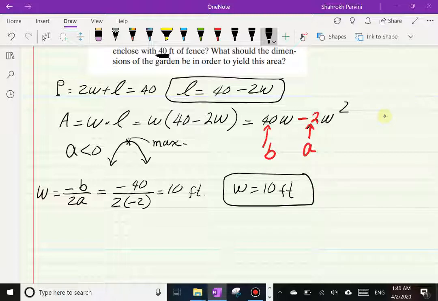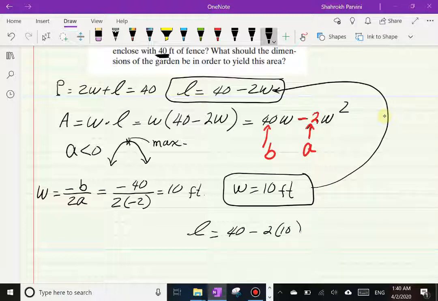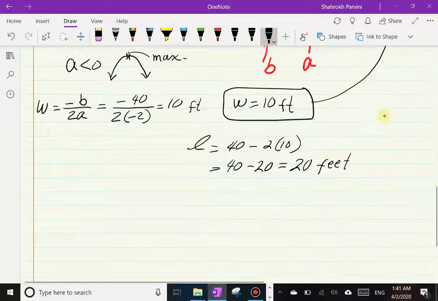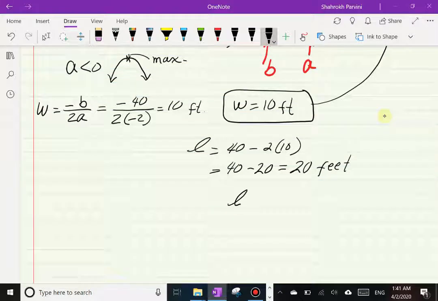And when the width is 10 feet, remember, we're going to back substitute right in here and solve for L. So L is going to be 40 minus twice 10, and that's 40 minus 20, or 20 feet. Therefore, we found the length to be 20 feet, and those are the dimensions of the garden.